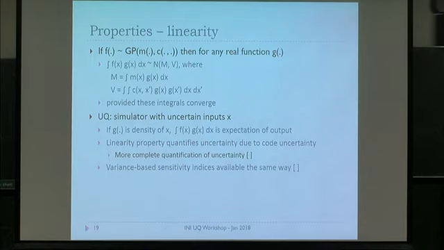This means we can go straight through to producing the normal distribution for that, which quantifies the code uncertainty about the expected output. Again, we're giving a more complete quantification of uncertainty. With any other surrogate, you can do the integration with the mean function and get an estimate of the mean with the uncertain input, but you don't get the code uncertainty. Same thing with variance-based sensitivity indices.